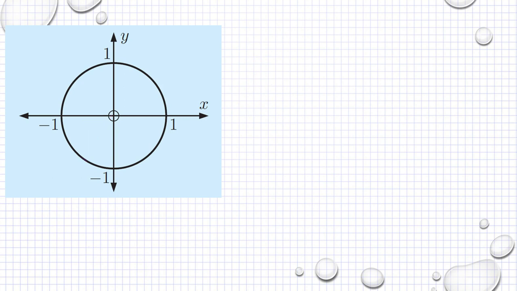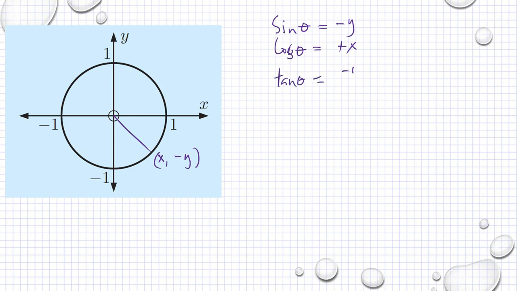In the fourth quadrant, we have here our x is positive and our y is negative. That means sine theta is equal to negative y, and cosine theta is positive x, and our tangent theta is negative y divided by x, so that is negative.